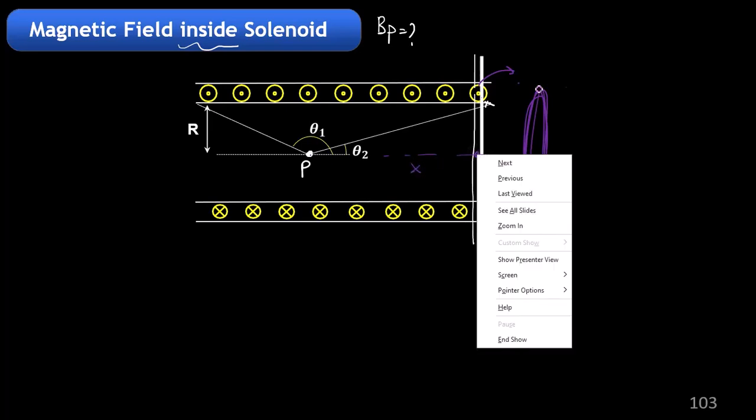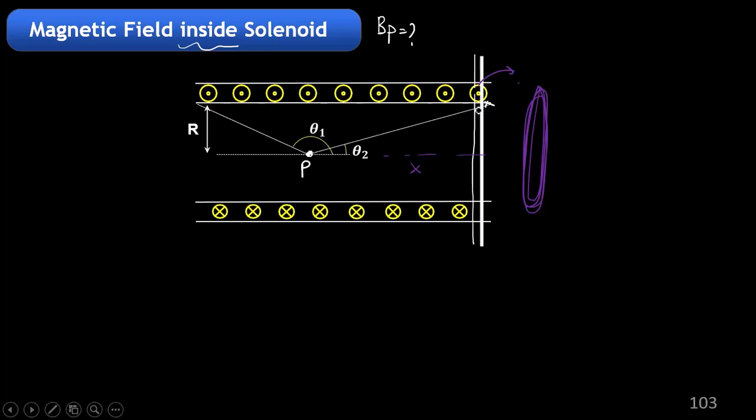This is the cross section of the solenoid, the entire cross section is drawn. I want to calculate the magnetic field strength due to the solenoid at point P. So I am taking a point P which is at a distance of x from the section. This is the element that I have taken.